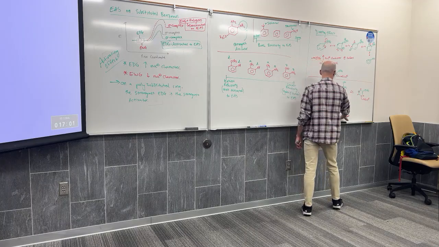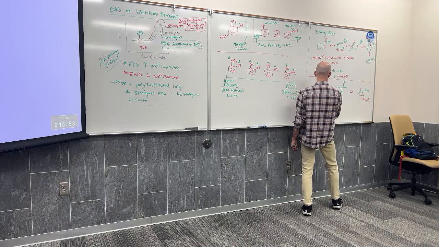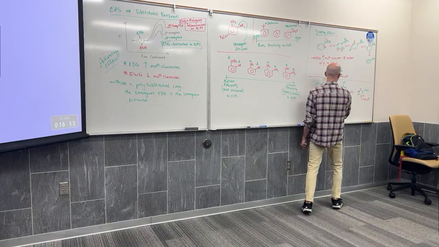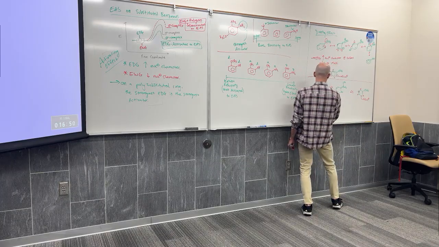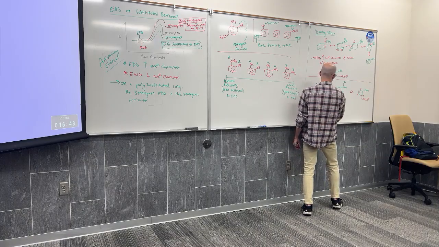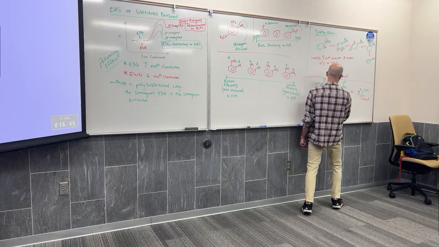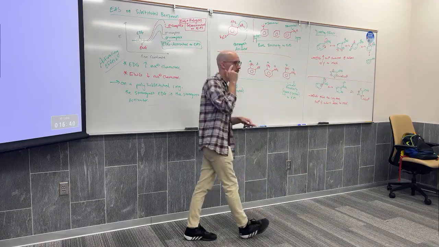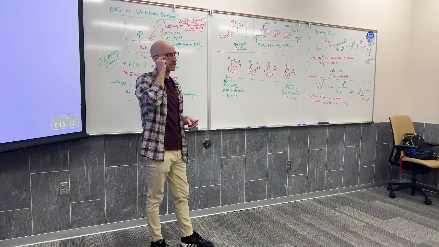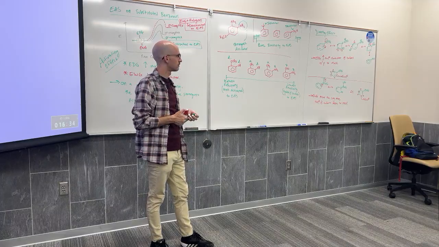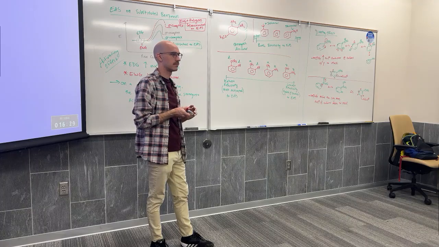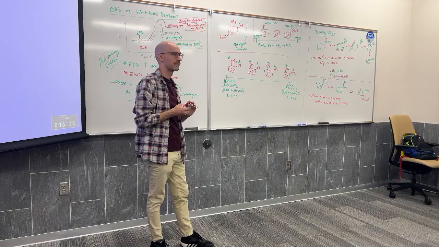Electron withdrawing groups make the ring more nucleophilic at carbons meta to itself. So it can still react, it's just going to react most likely in that position instead of the other three, because the other three are being decreased.